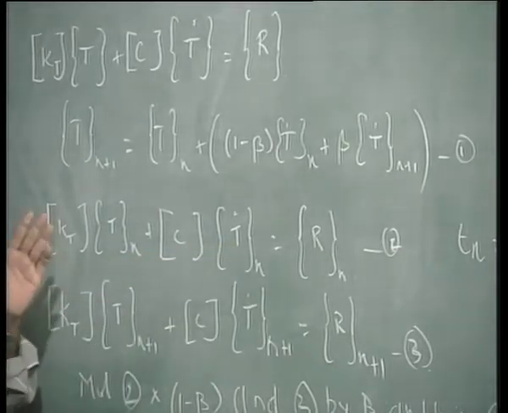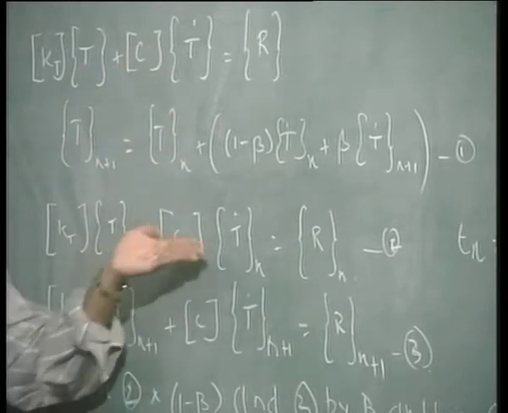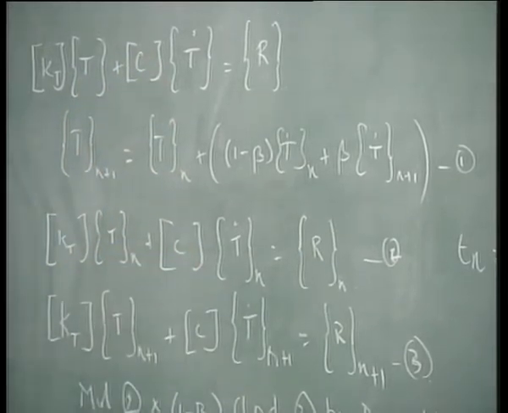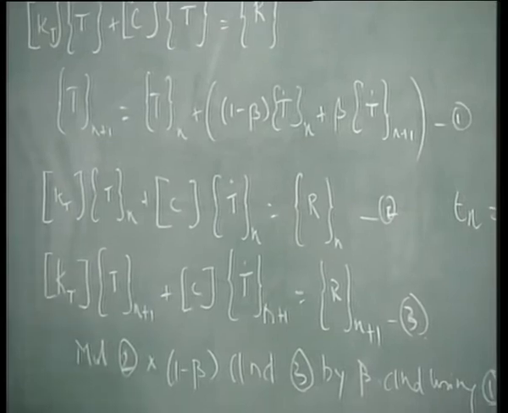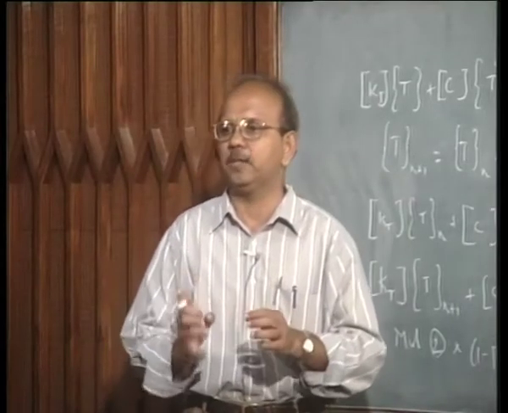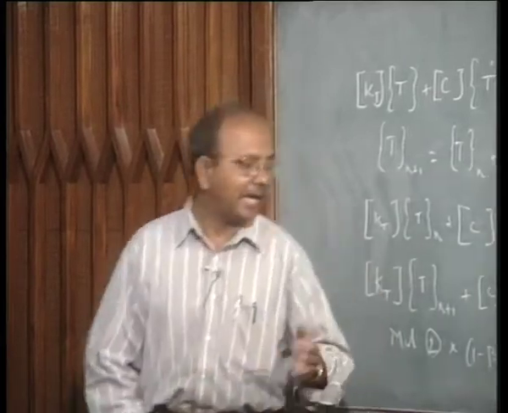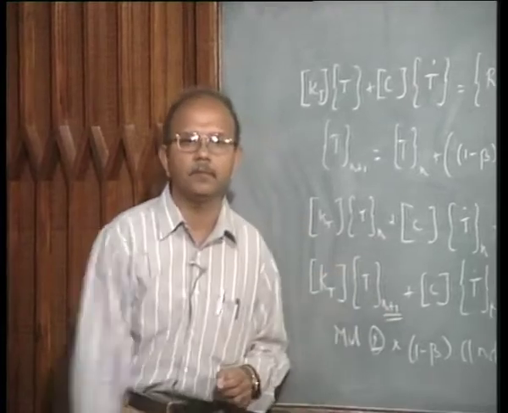Now, I hope you remember what r means, what c means and all that, or else you can refer to it. Then for the n plus 1th step, I am marching from the nth step to the n plus 1th step. That means time t n plus 1 is equal to t n plus delta t. I can write down the same equation for the n plus 1th step like this.